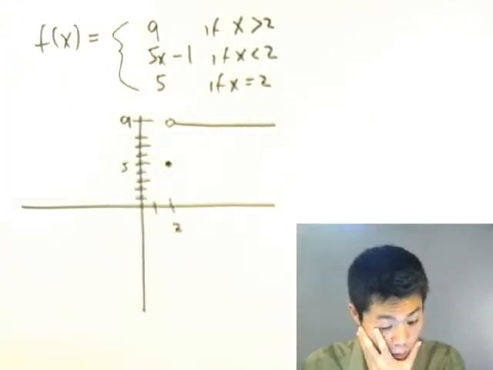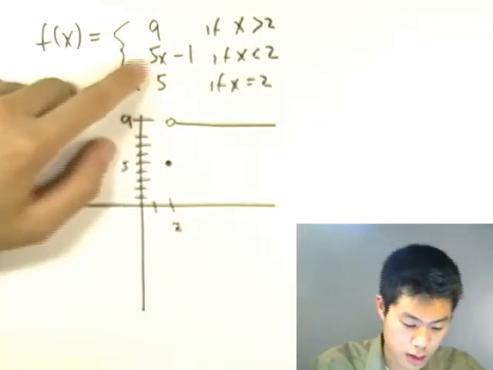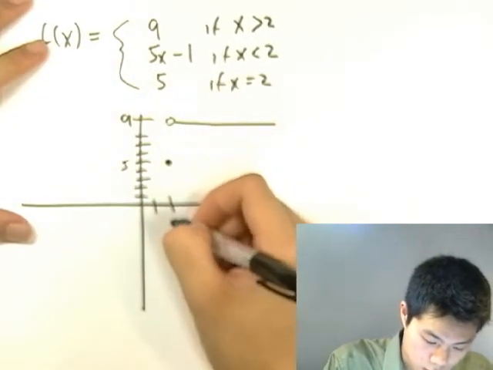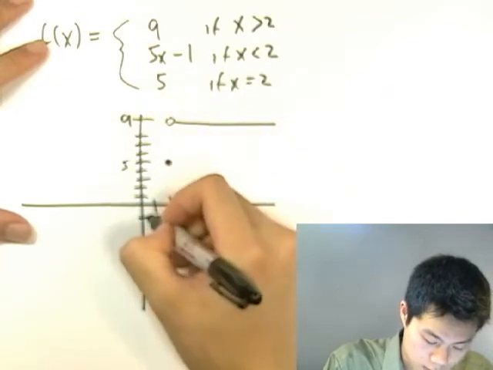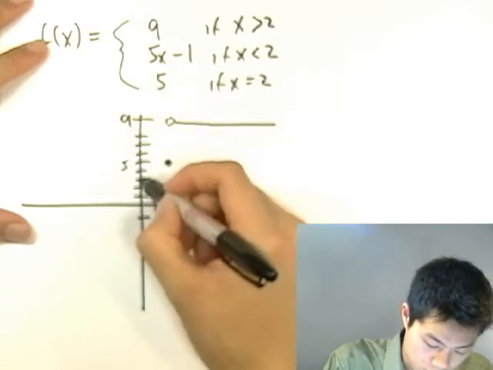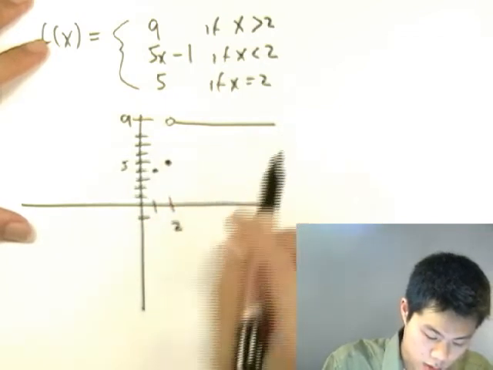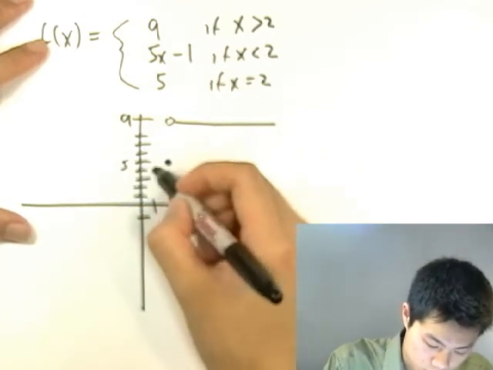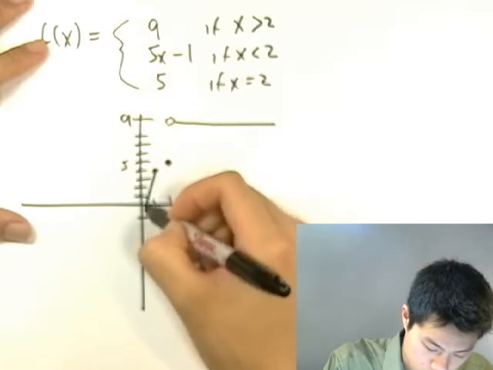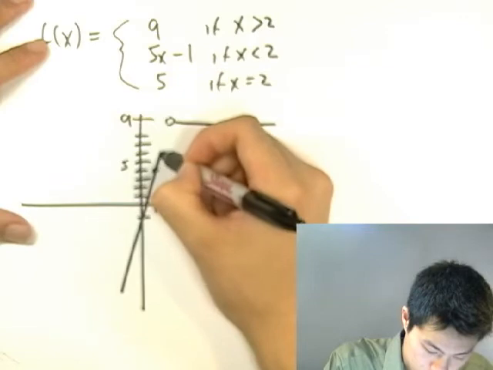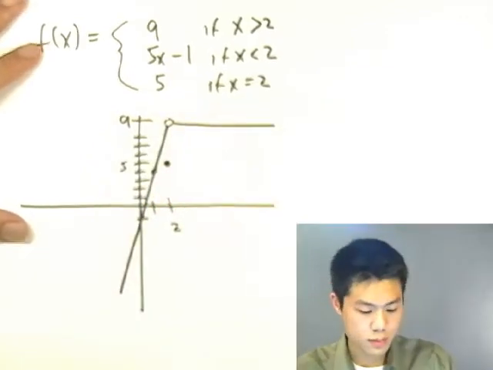And if x is smaller than 2, f of x is equal to 5x minus 1. So how does this work? Let's see, minus 1. Over 1. There you go, and that comes to 9.